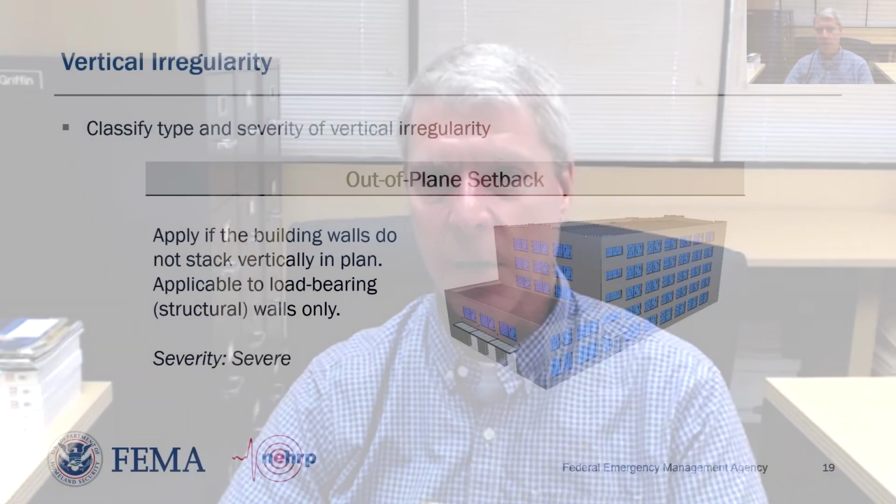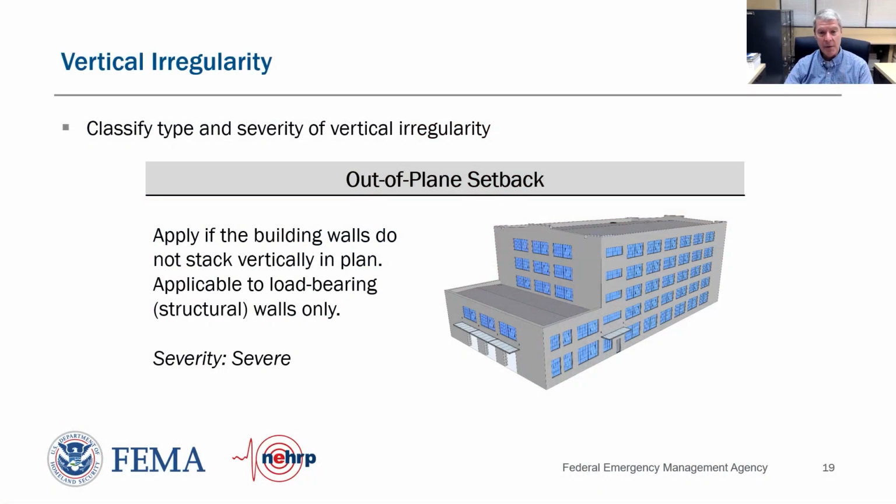We can easily see that when we go to the field, and lessons learned show that this introduces high stress concentrations at the vertical step. So we can flag it. It may have been designed for it, but we don't know. If we have this condition, then we have a severe vertical irregularity, no matter what building type. Generally, we'll see this when we have load-bearing structural walls.